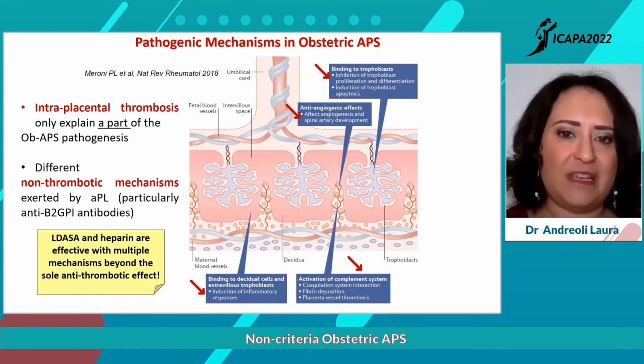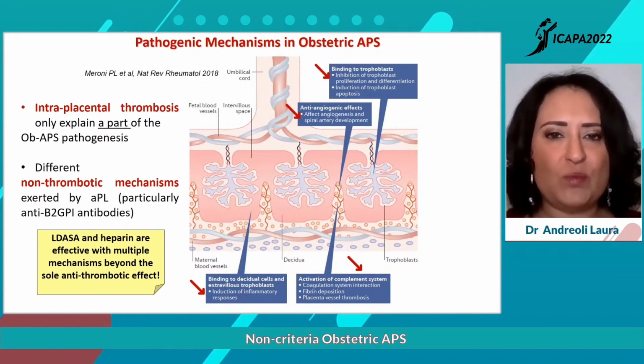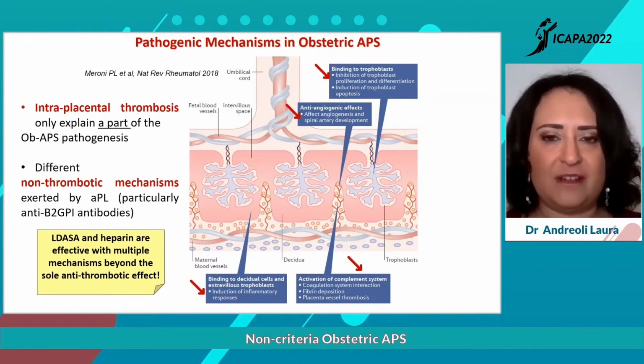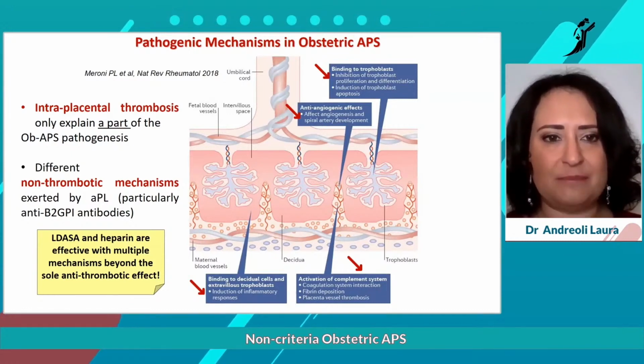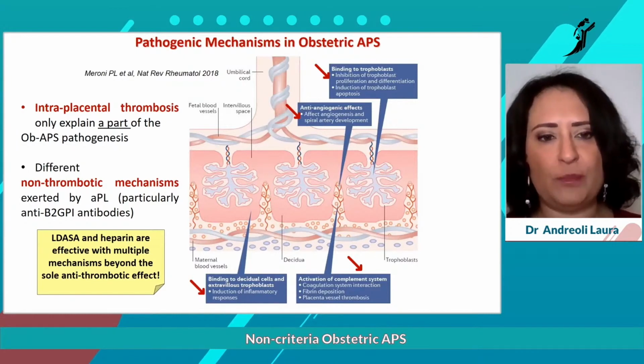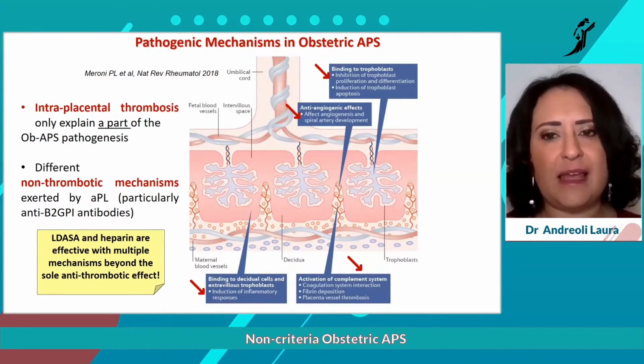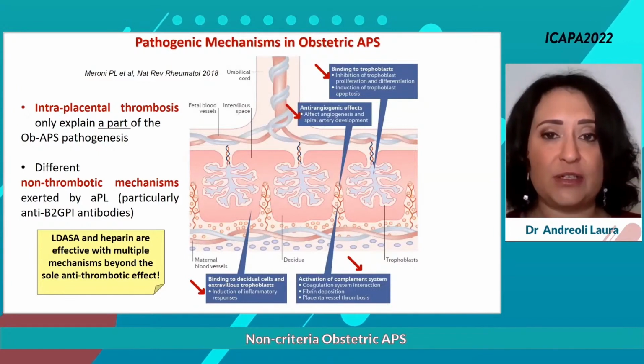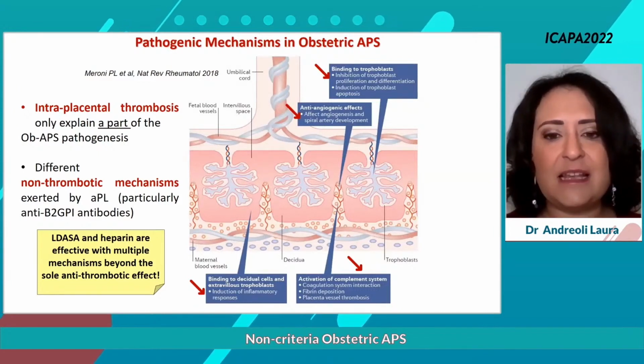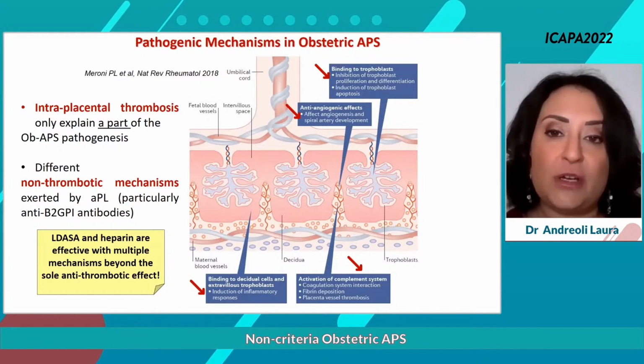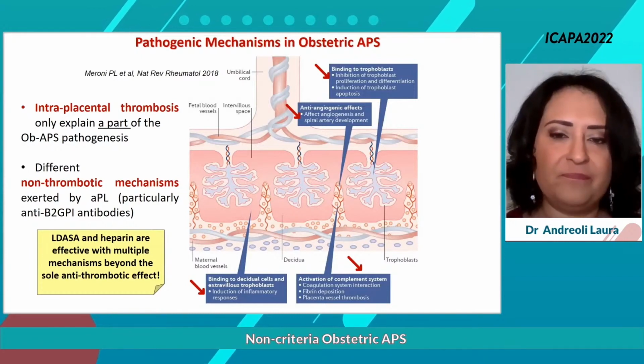And for a long time, it has been thought that thrombosis was the main driver of placental pathology in APS, but that's not the case. There are many non-thrombotic mechanisms that can be exerted by APL, and these are actually inflammatory mechanisms.